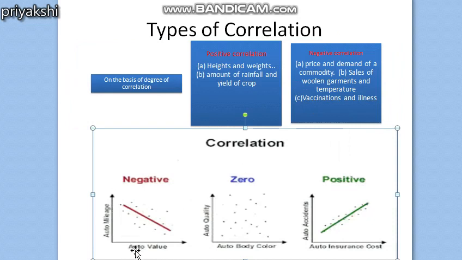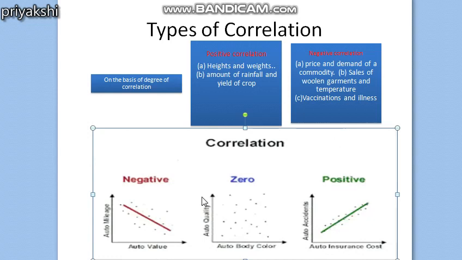So in the graph you can see the value of x is increasing here, but the value of y is decreasing here. Okay, this is negative correlation. In this case, the value of x is increased as well as the value of y is increased. So this is an example of positive correlation. Fine.